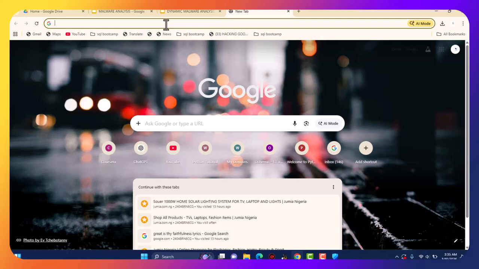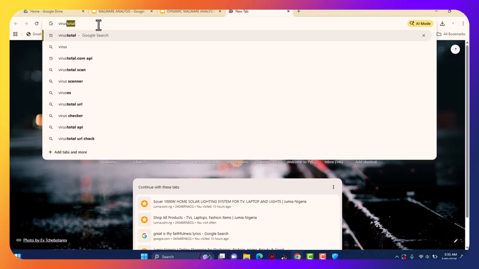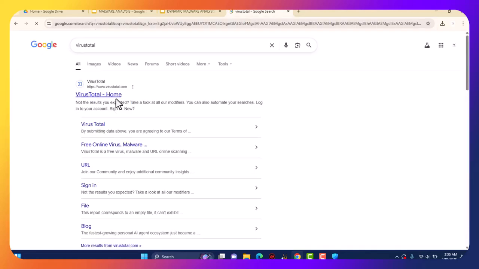But for this class, we'll be making use of VirusTotal. So open your browser, go to virustotal.com, www.virustotal.com.